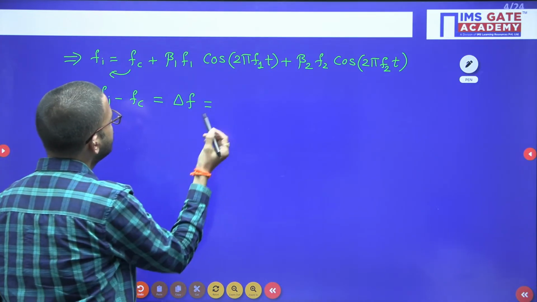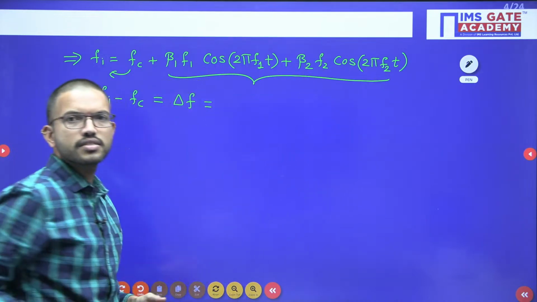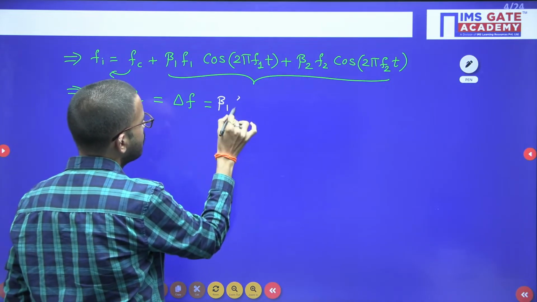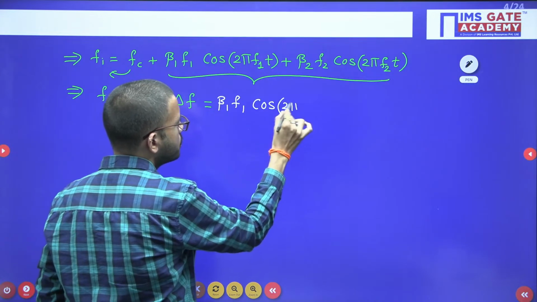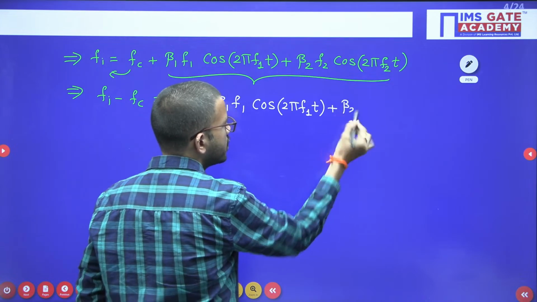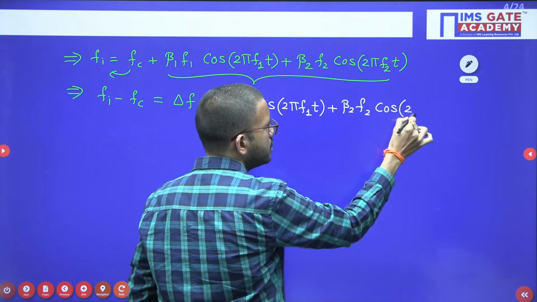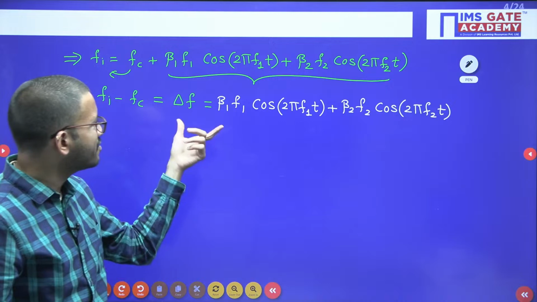So which is nothing but whatever the other 2 terms here you are having, you can copy as this. Here you are getting beta 1 f1 cos 2 pi f1t plus beta 2 f2 cos 2 pi f2t. Up to here we got the frequency deviation.